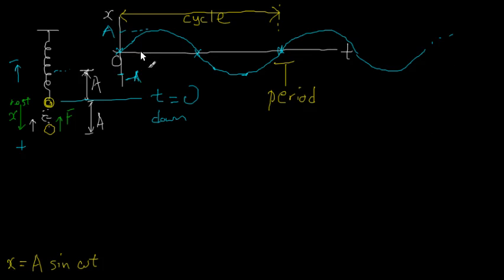So at least from what I've done so far, I've not actually made use of this given answer at the moment. I've just made this graph by trying to reason out the motion and thinking about how x changes with time.